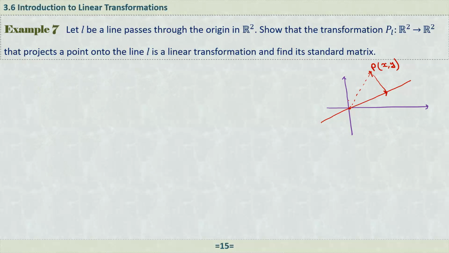Let's say this OP vector is V, and this projection here is W. Since we are talking about a line passing through the origin, we also need one more piece of information about this line: its direction. So assume that D is the direction vector of that line, whose components are D1 and D2.